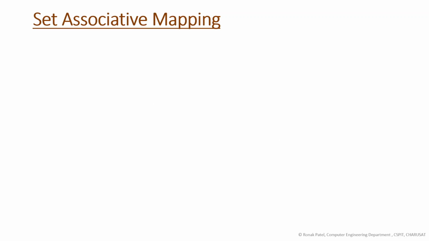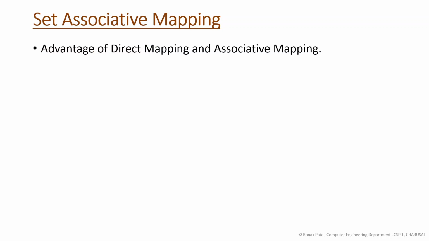Now set associative mapping. To overcome the limitation of associative mapping, we have set associative mapping. You can combine the advantages of direct mapping and associative mapping in set associative mapping. In associative mapping, we need to check each and every tag.